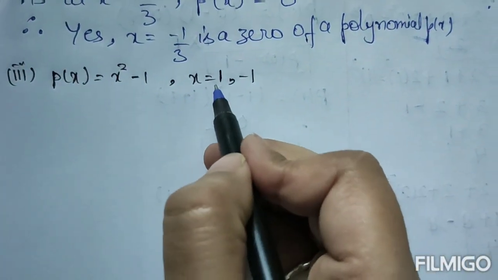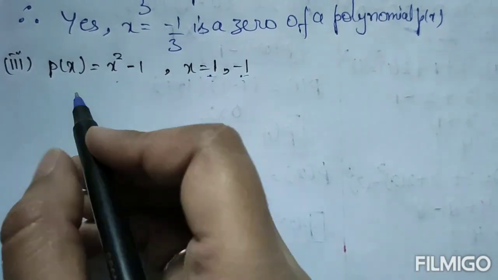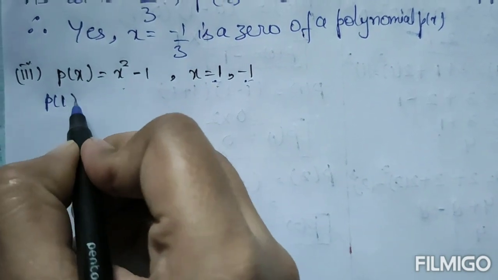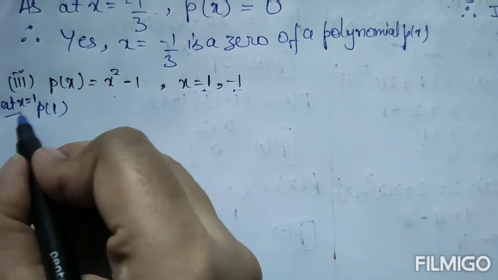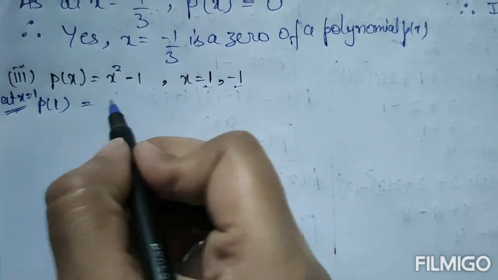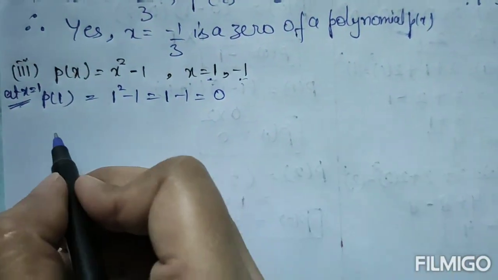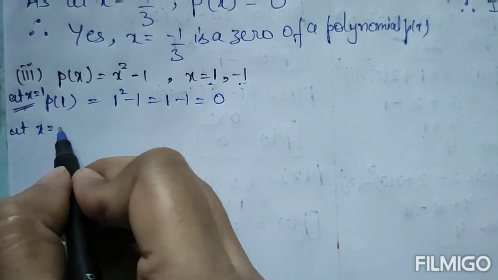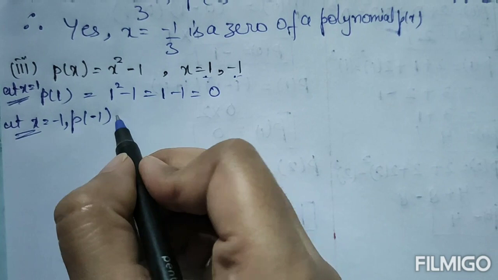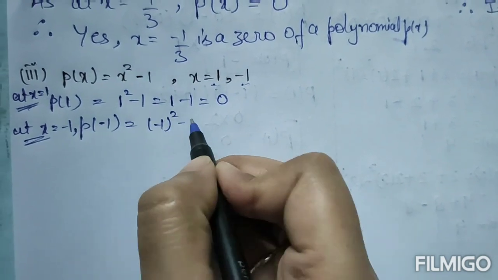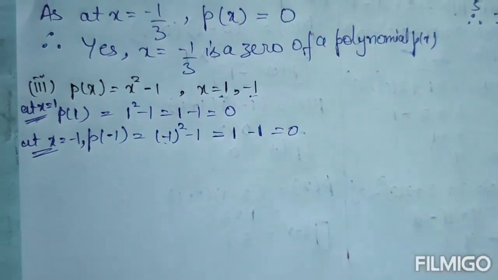Now for both x equal to 1 and minus 1, you have to check whether these two are zeros or not. So first put x equal to 1. So at x equal to 1, p of 1 equal to 1 square minus 1, which is 1 minus 1, that is 0. Now at x equal to minus 1, p of minus 1 will be minus 1 square minus 1. Minus 1 square is 1, minus 1, which is 0.